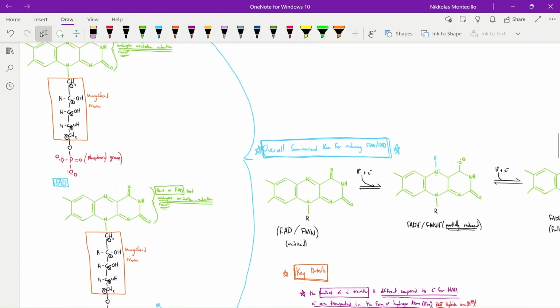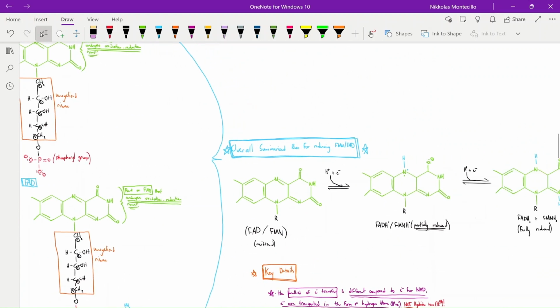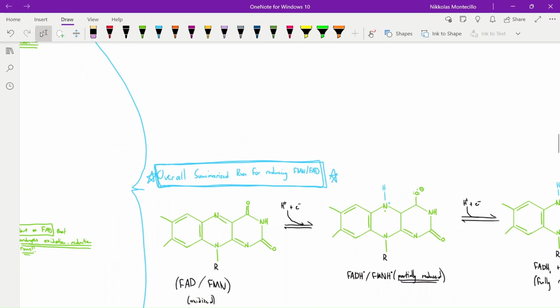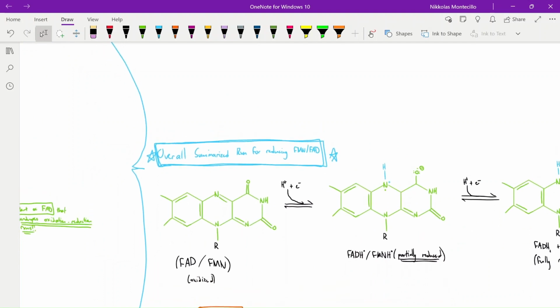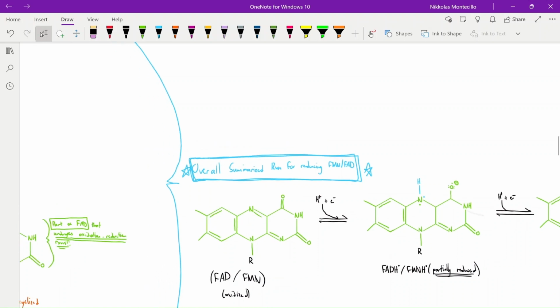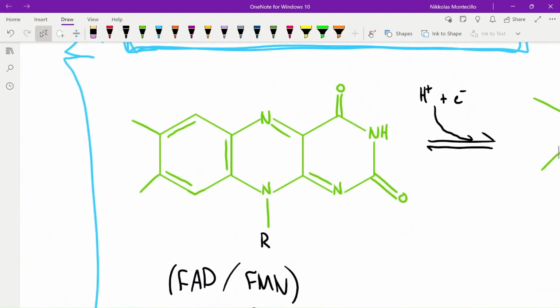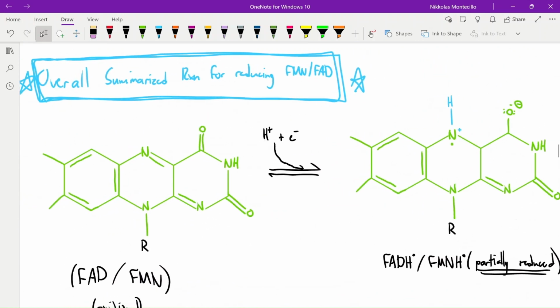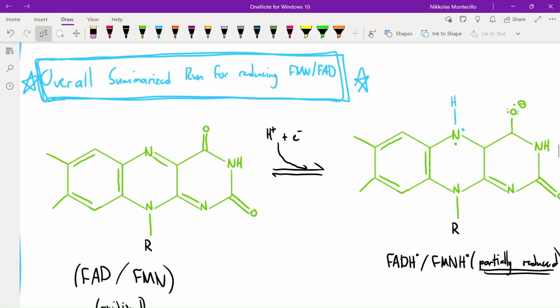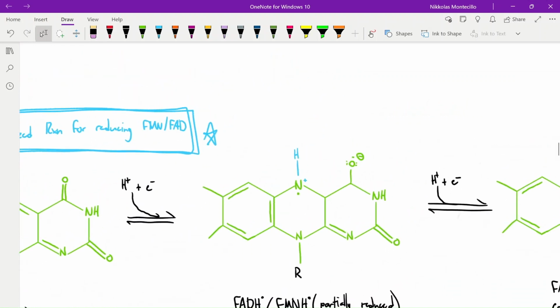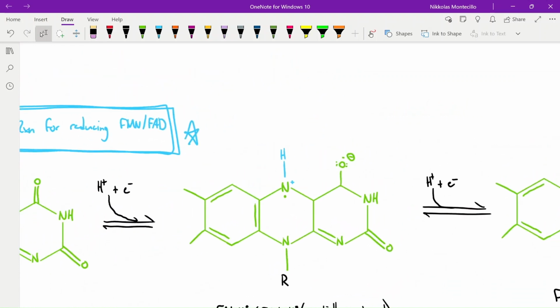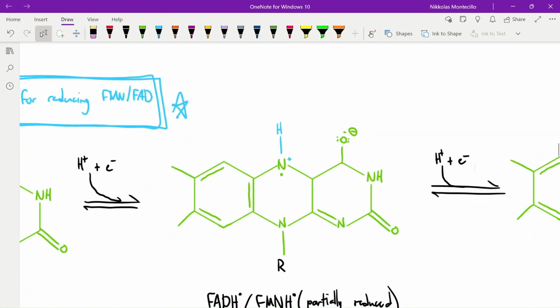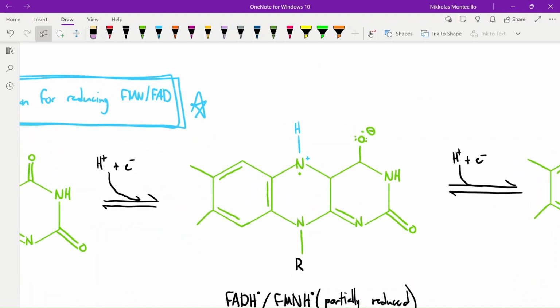Now, this is the overall summarized reaction for reducing flavin mononucleotide and flavin adenine dinucleotide. In its oxidized state, this is how FAD or FMN exist. Upon reduction by one hydrogen atom and electron, it's partially reduced. So unlike NAD, FAD can actually exist in a partially reduced state.